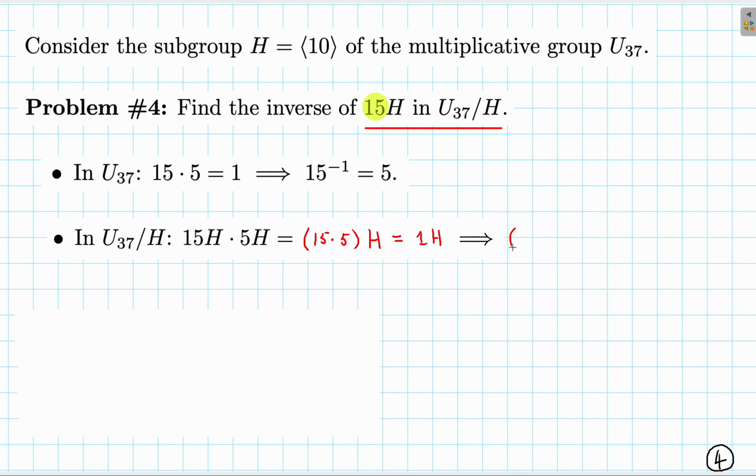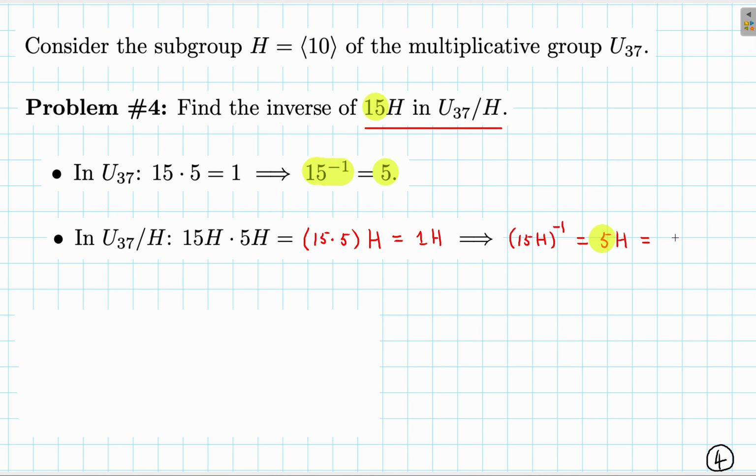Well, we have the inverse of 15H is equal to 5H. But then just focusing on the coset representative 5, which is in U37, we found that 5 is equal to 15 inverse.